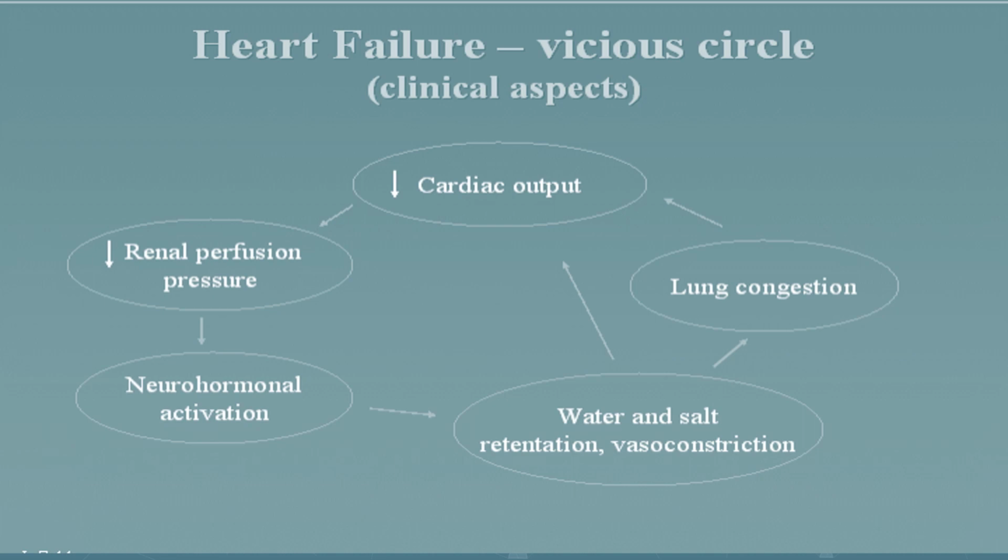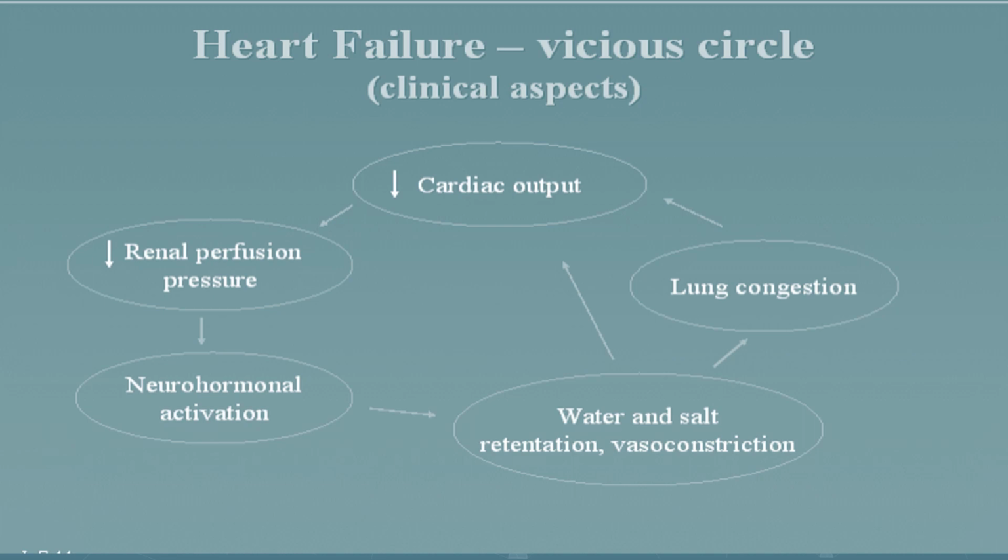Then there is also one component, vasoconstriction. So for vasoconstriction, you require to give some vasodilators, obviously. Okay, so vasodilators, even they have a role. Again, there is neurohormonal activation and the cardiac workload is increased, therefore you require to give some beta blockers.